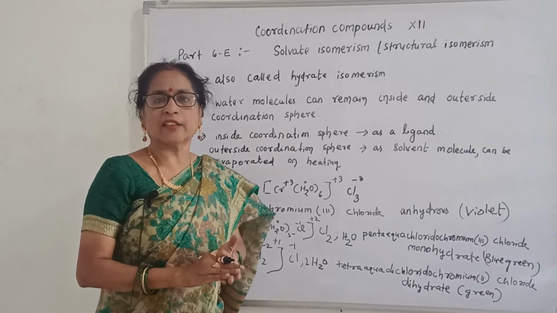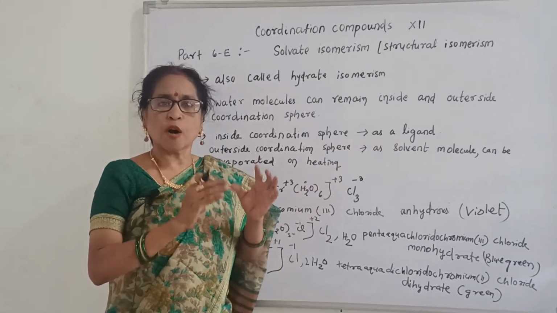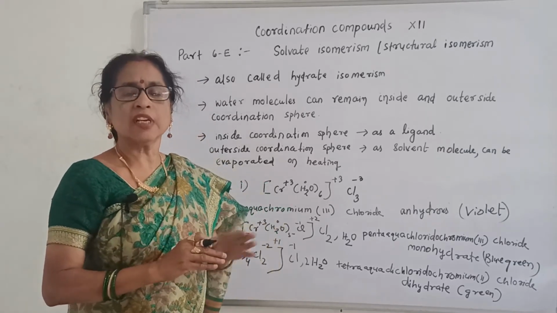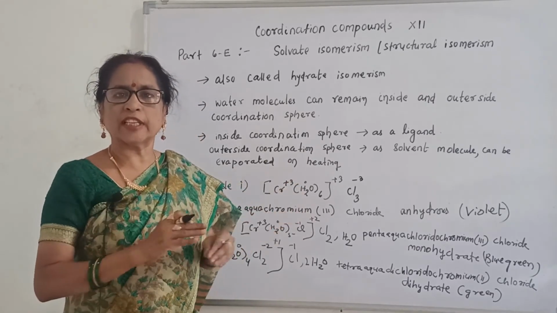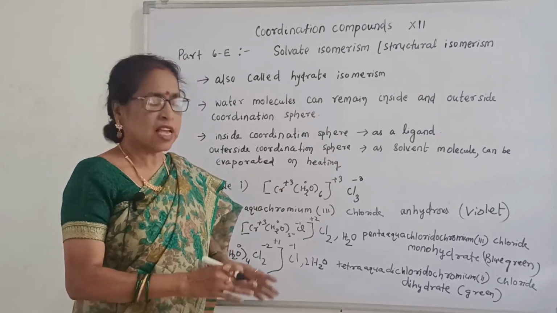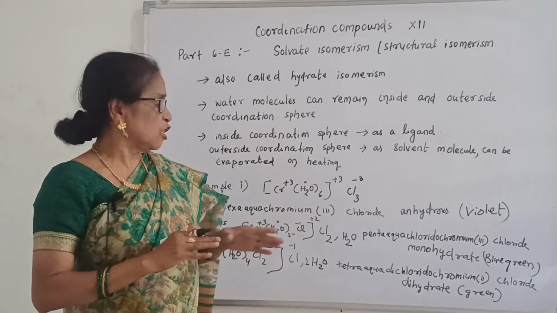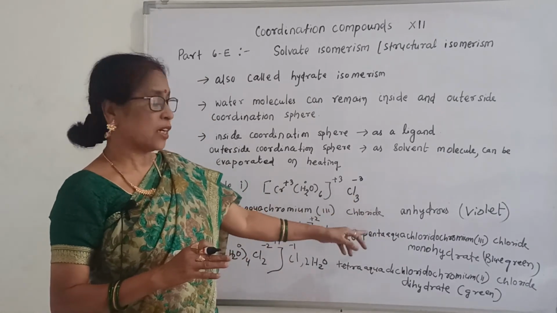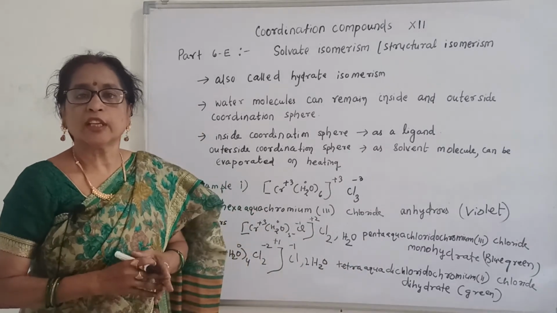When it is anhydrous, the color is white, that is colorless. Similarly, here also, one has no water, one has 1 water molecule, another has 2 water molecules present, that is why the colors are different.